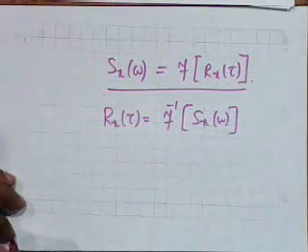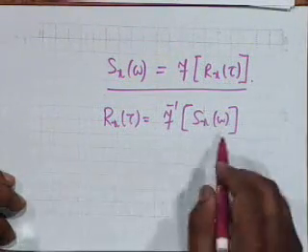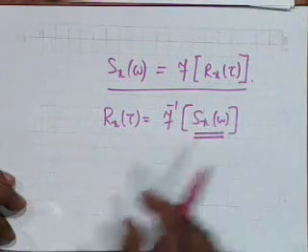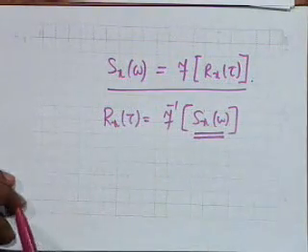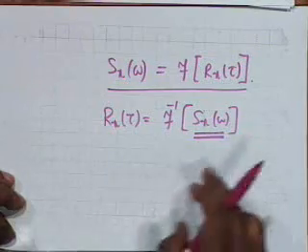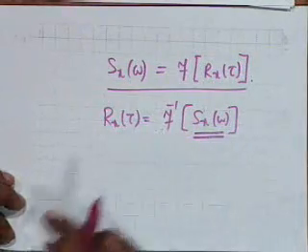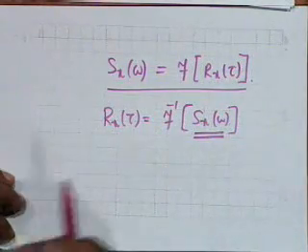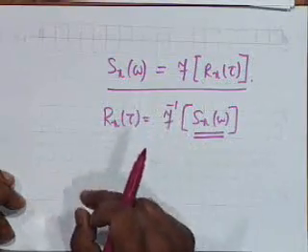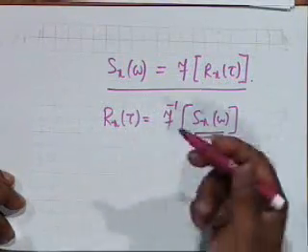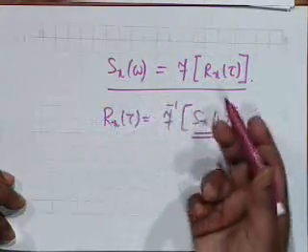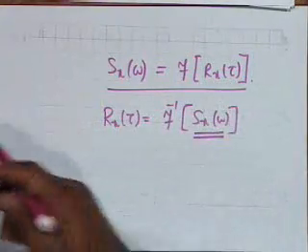In some random processes, it is Sx of omega, the spectral density, which can be found more readily than the autocorrelation function. In some situations, it is the autocorrelation function which can be found more readily. So in either case they are related by the Fourier transform relationship.